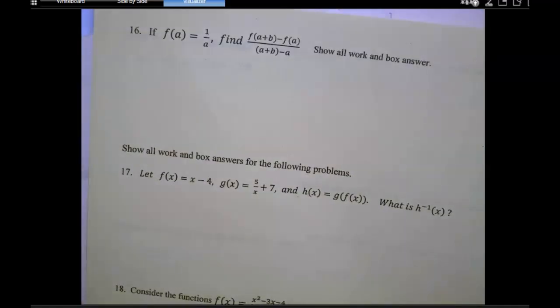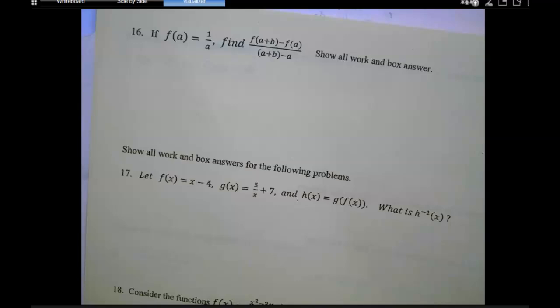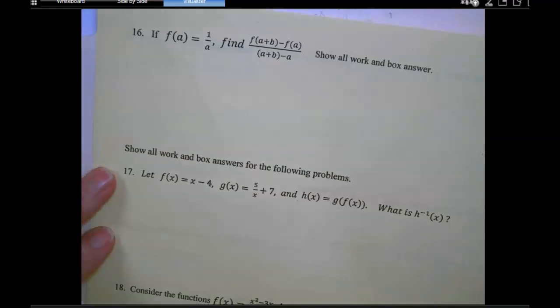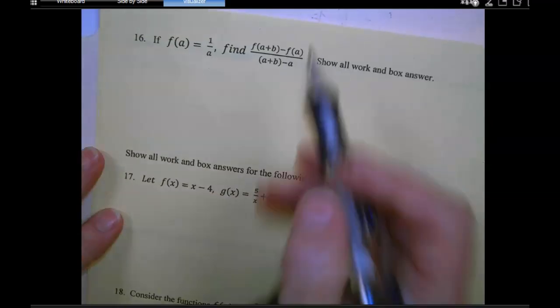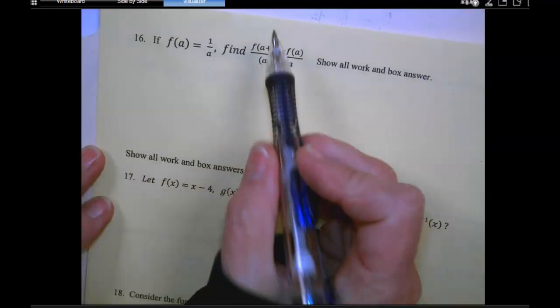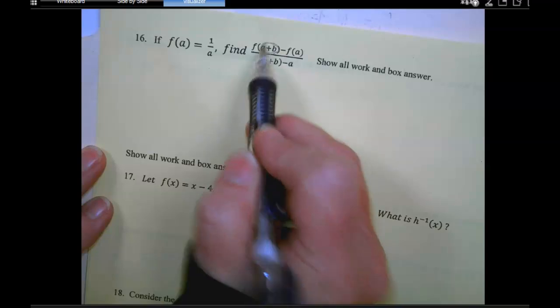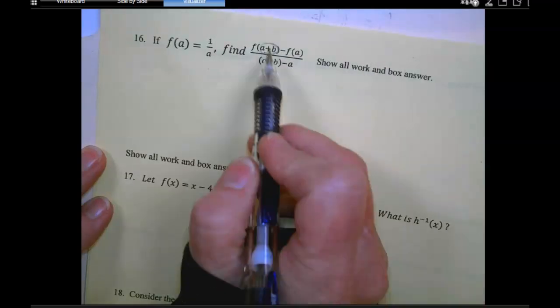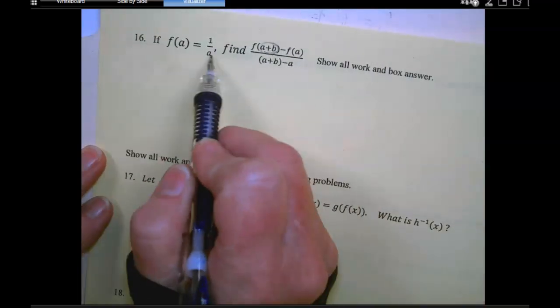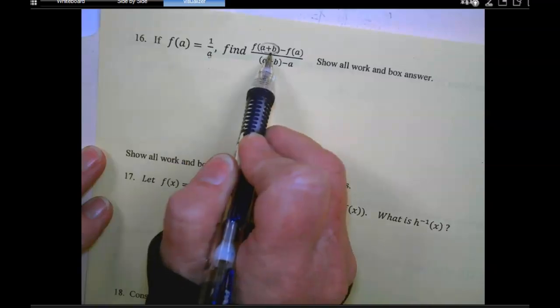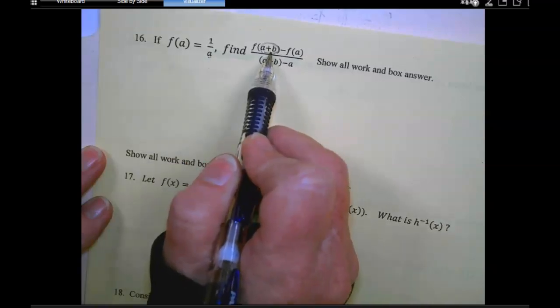Y'all, I like these problems on the back because these are kind of from the beginning of the year. And so we kind of start bringing stuff together that you're actually going to use again. So first of all, when we did this, we said f of a plus b. That means in my f, wherever there's an a, I put a plus b, right?